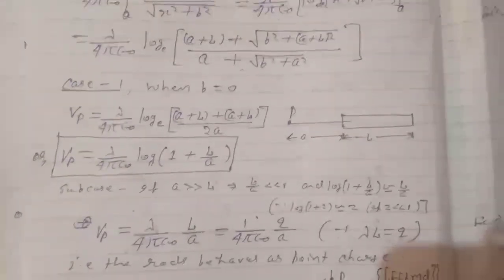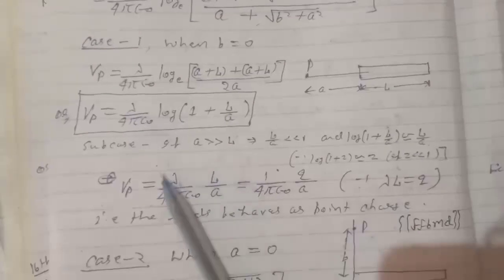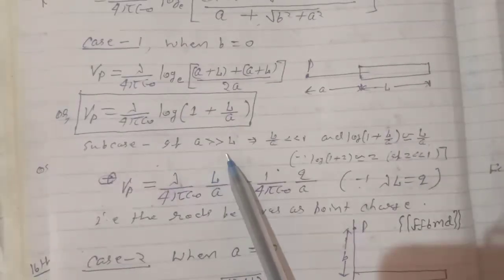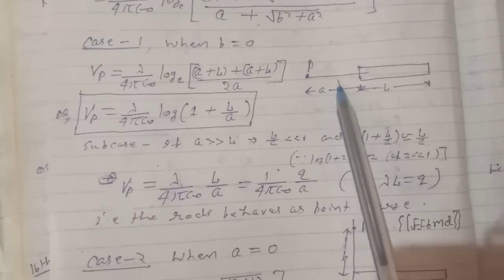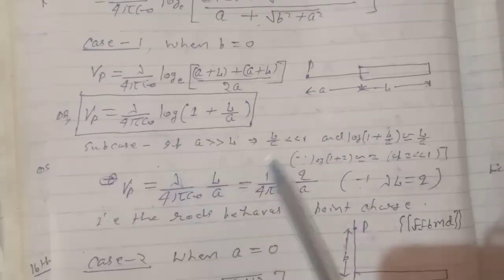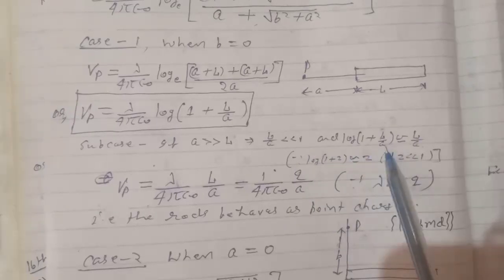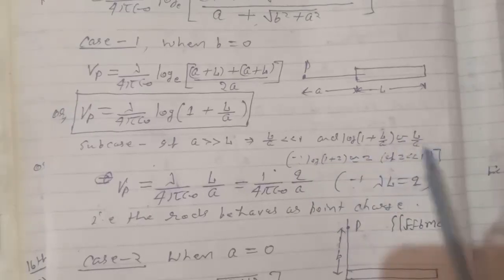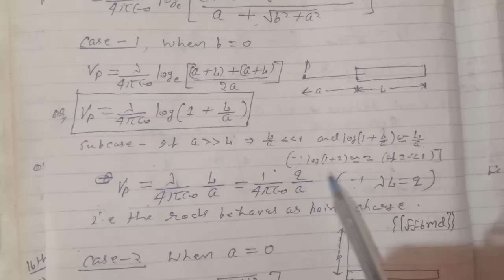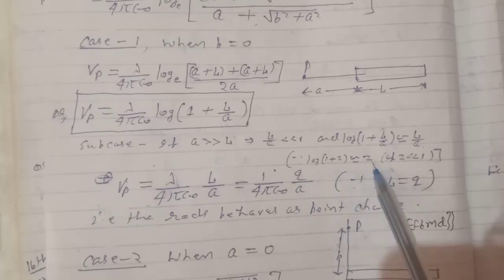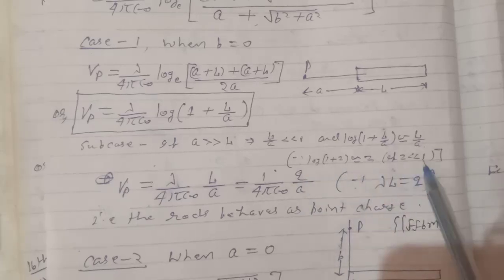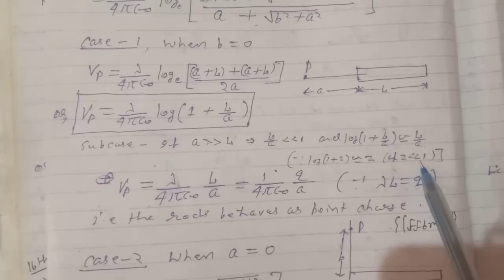Again next sub case, if a is very much greater than L, that is the point P is at a large distance, then L by a is very much less than 1 and log of 1 plus L by a is equivalent to L by a, because we have the formula log of 1 plus z is equivalent to z when z is very much less than 1.